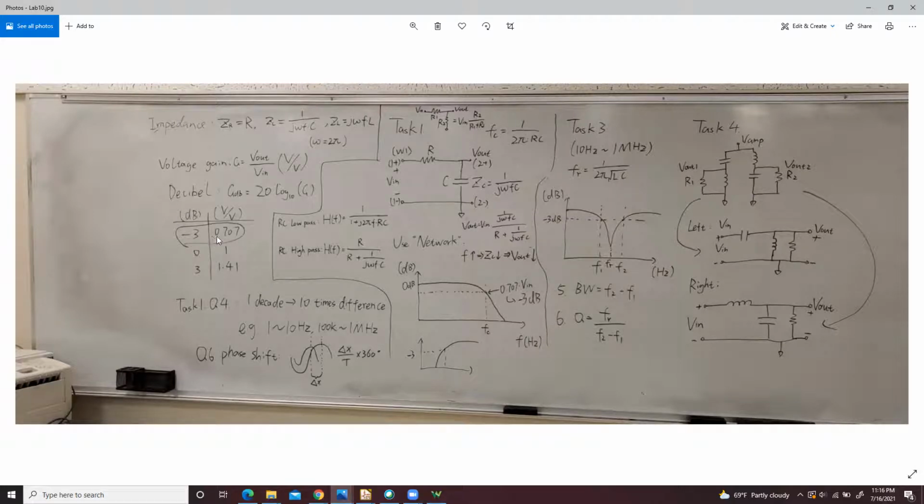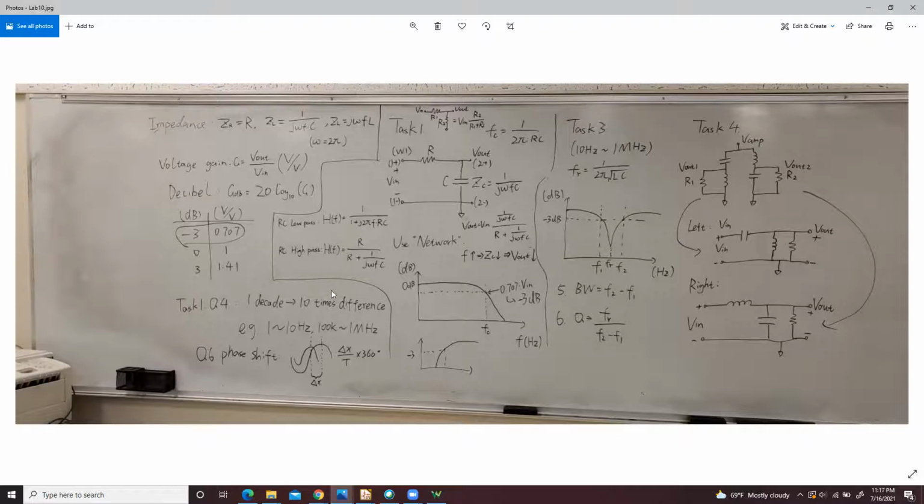Negative 3 dB is equal to 0.707 voltage gain, 0 dB is equal to a gain of 1, and 3 dB is 1.41 voltage gain. I think negative 3 dB is important for today's lab, so just remember this one.